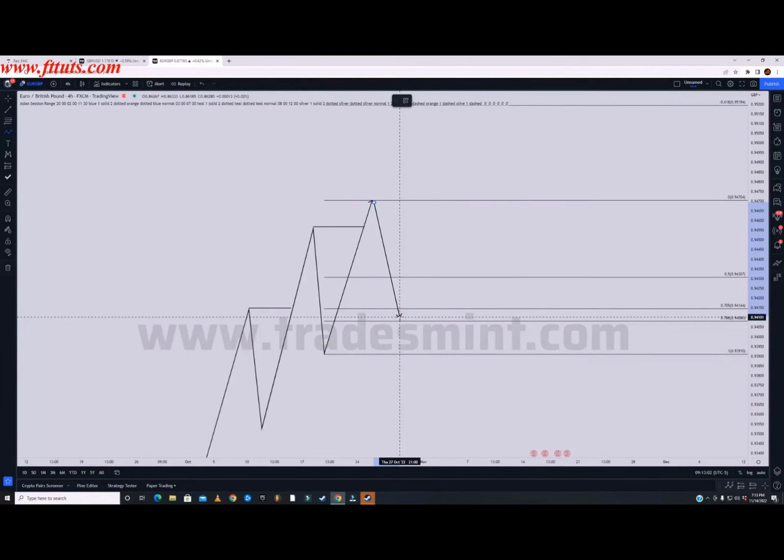Okay, so once the price is below the 0.5 level, you simply look for those patterns in that direction. So let's say when the price comes below the 0.5 level, you are looking for an under over pattern, right?